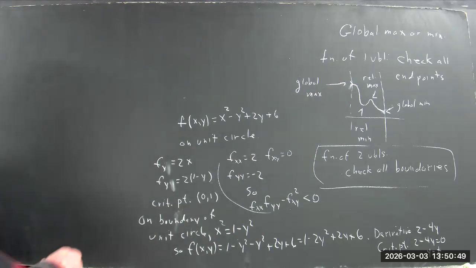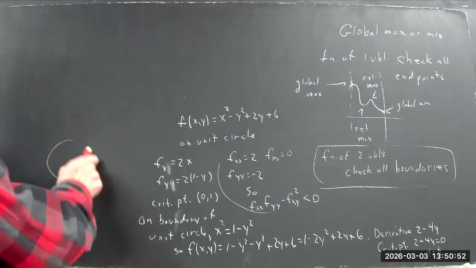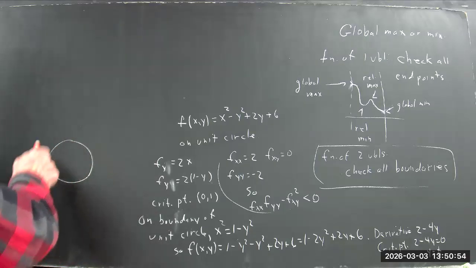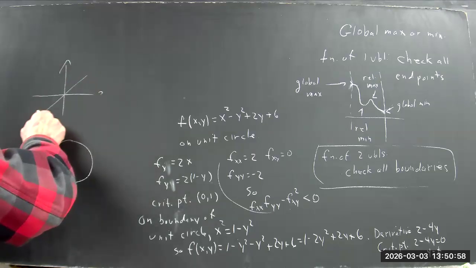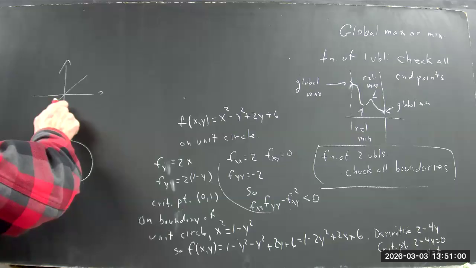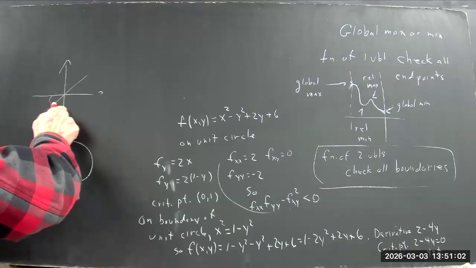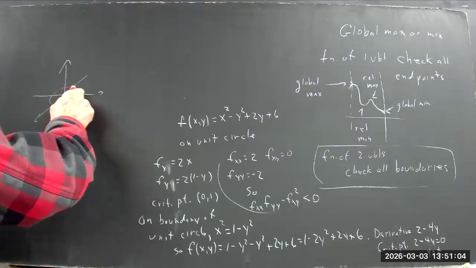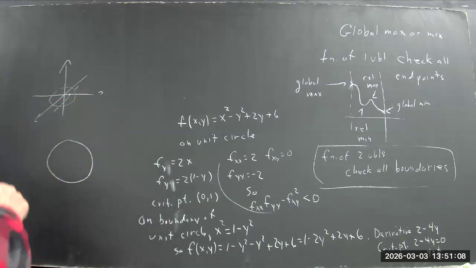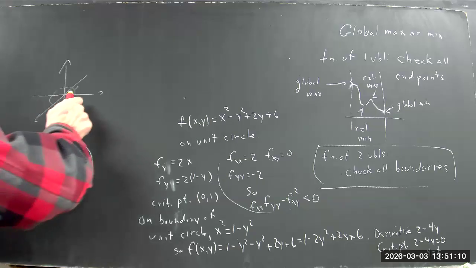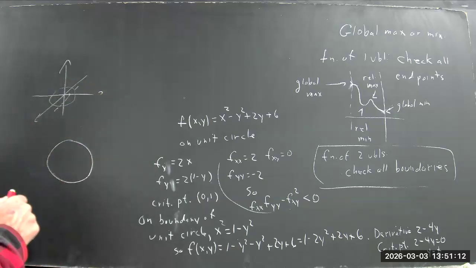So whatever this function looks like here in a circle, if you want to do it now in 3 dimensions, what does this thing look like as you go around the unit circle? Apparently for y equal 1/2, if I did this correctly, that's where the graph is highest.